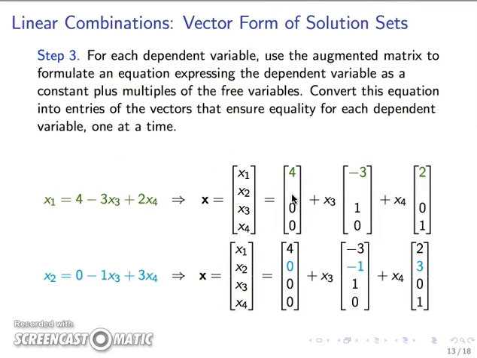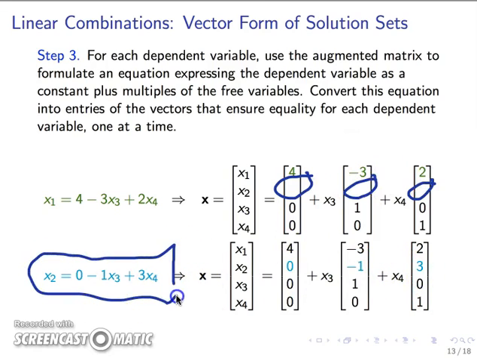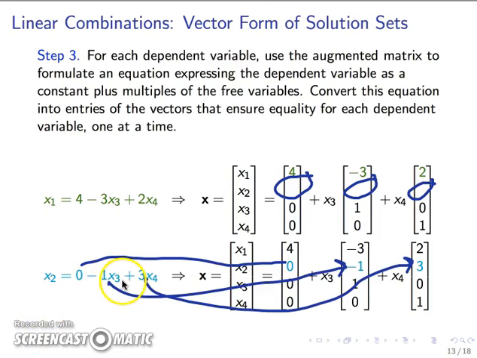So we can do that for each of the dependent variables, and that's how we manage to fill in. See, there is a blank here, another blank there, and another blank there. Those blank spaces will be filled in with numbers that come from this equation. So this expression provides exactly the entries that we put on those locations that were previously blank.